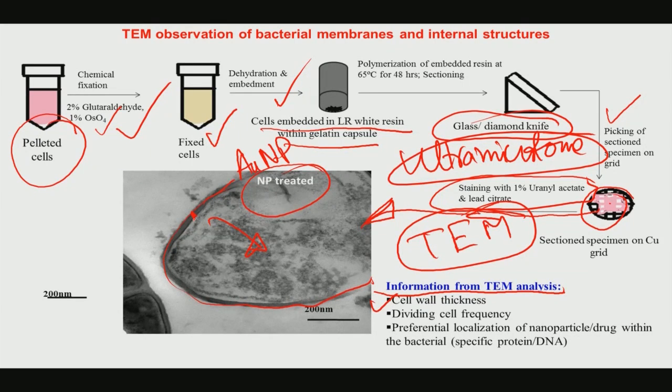In the gold nanoparticle-treated bacterial morphology, you can see whether there is any thickness reduction because of membrane permeabilization or disintegrity of the cell membrane. What is the dividing cell frequency, and is there any preferential localization of the nanoparticle or drug within the bacteria, for example, a specific protein or DNA, whether the gold nanoparticle gets attached to this DNA or not. Those kinds of things you can describe very well, both qualitatively and quantitatively, using transmission electron microscopy of the bacterial cell specimen. Thank you.